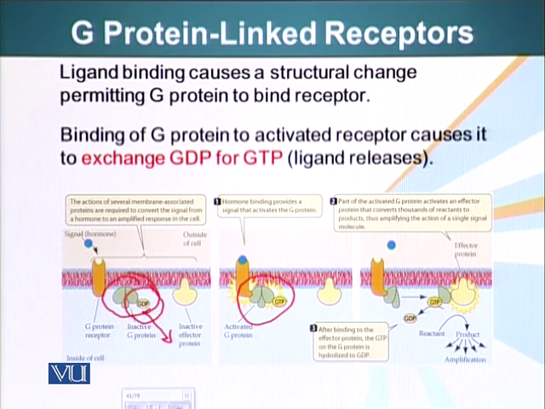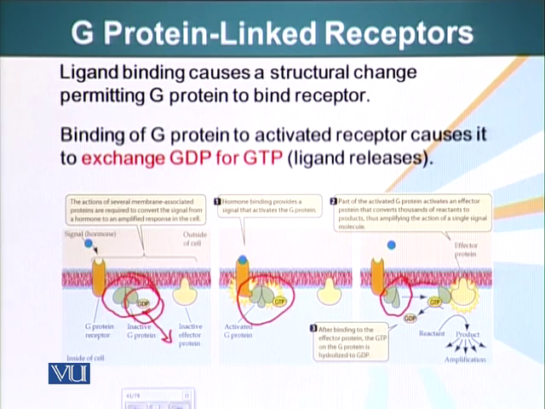Once the G protein is activated, it splits into 2 parts. G protein is made up of 3 different proteins: alpha, beta, and gamma. The alpha subunit of this protein dissociates, whereas beta and gamma stay together. The alpha subunit then moves to another part of the cell.